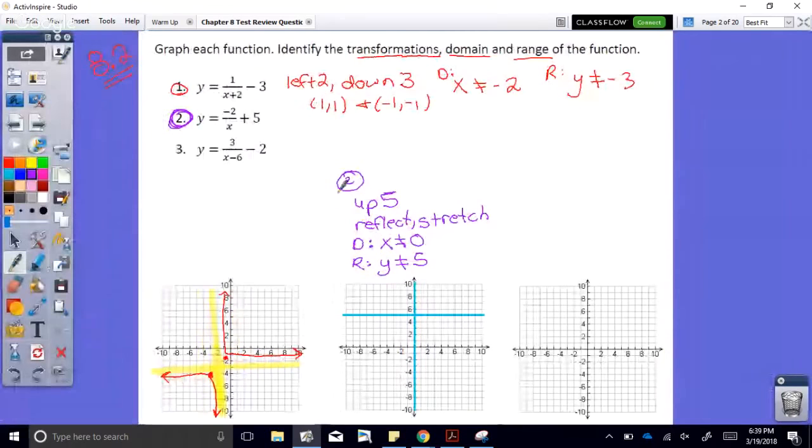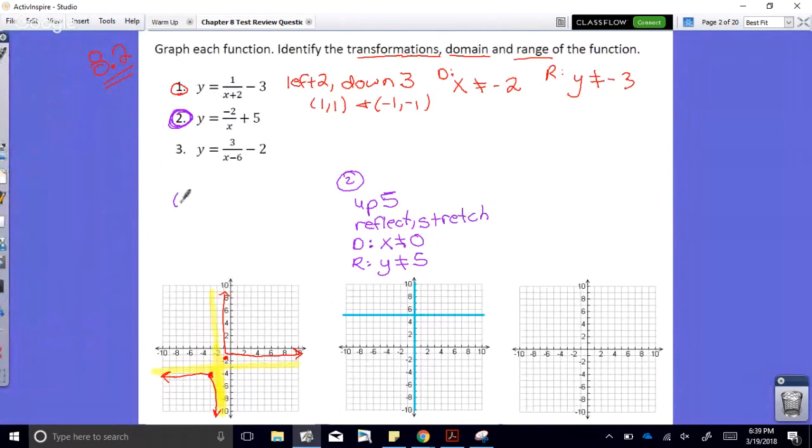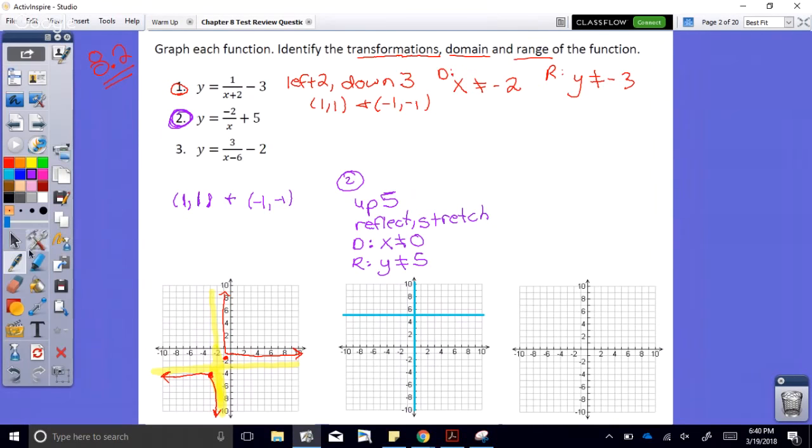Again, we're going to scale what we call the 1, 1 point. So usually the graph has the point 1, 1. And the second point I told you to remember was -1, -1. But for this function, we are scaling it.